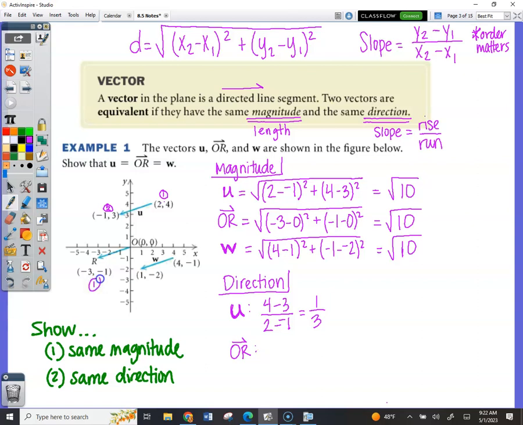I'm going to subtract from this number to this number because then I'm just subtracting nothing. But it doesn't matter as long as you're consistent. All right, y's first. Negative 1 minus 0 over x's. Negative 3 minus 0. So negative 1 over negative 3 becomes what? Positive 1/3.